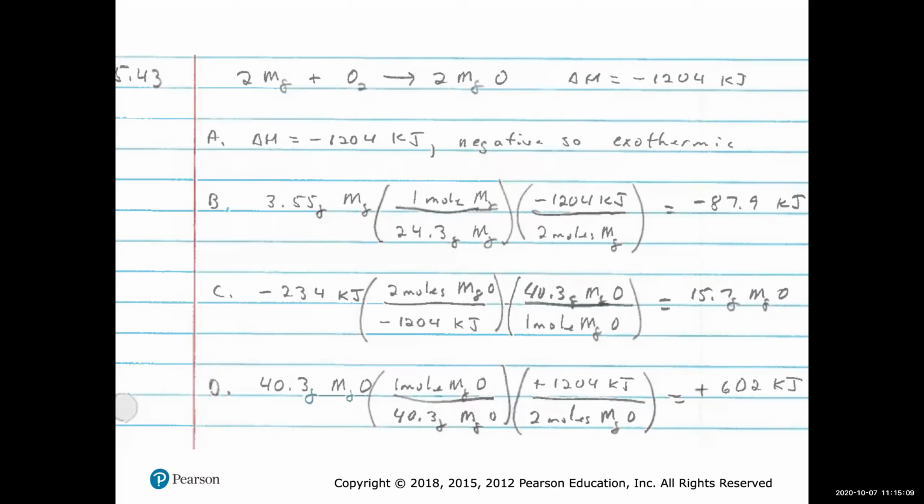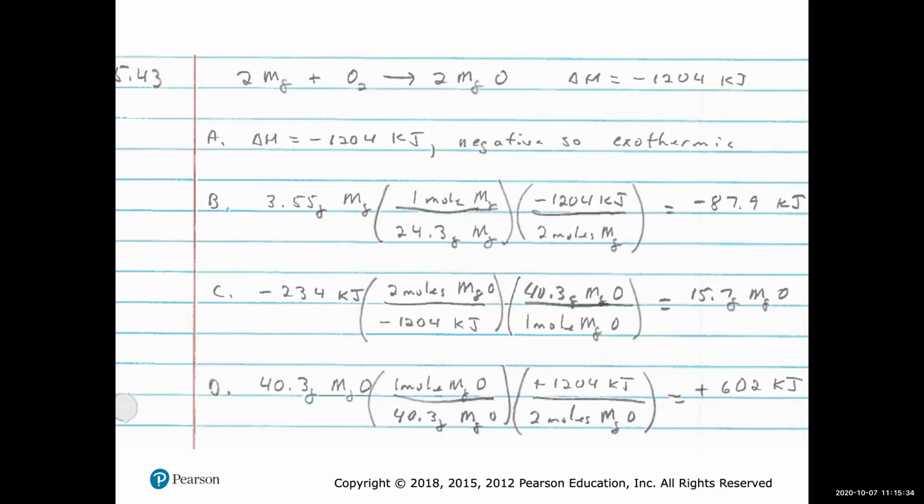In this reaction, it tells us that we have magnesium plus oxygen giving us magnesium oxide, and it gives us a delta H value. The first question it asks is, is it exothermic or endothermic?